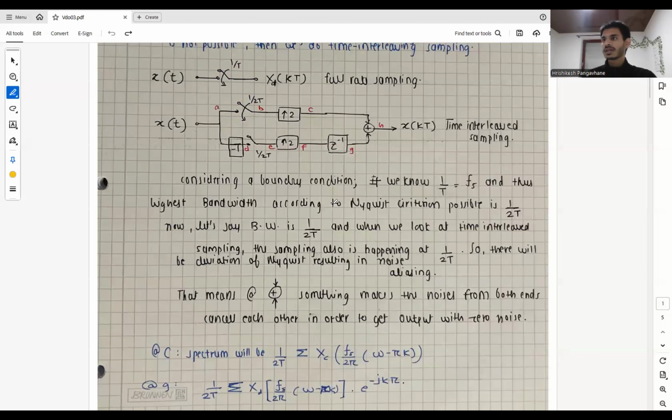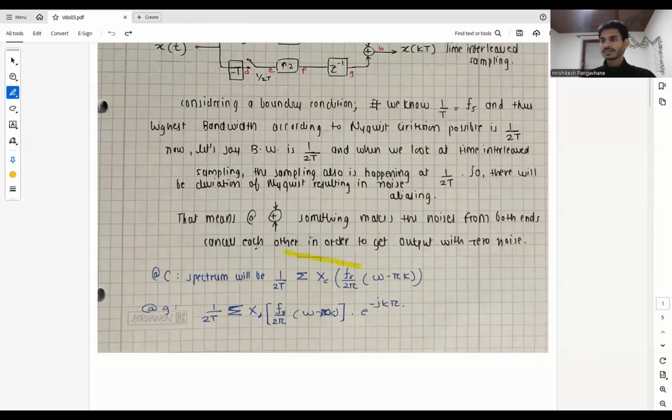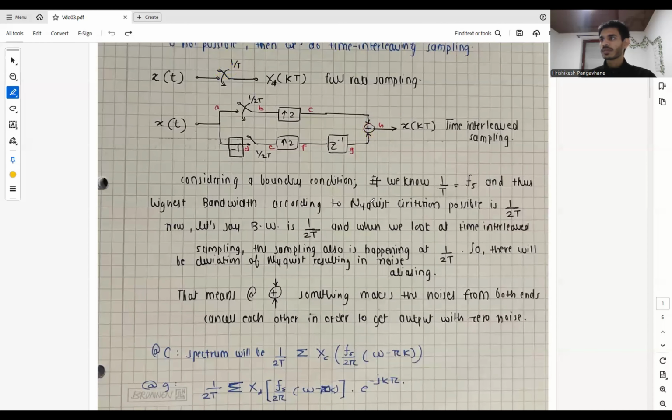So in order to get no noise in the output at H, there is something at this adder which makes the noise from both ends cancel each other, giving an output with zero noise.